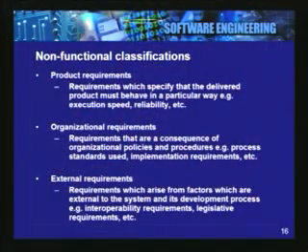And then there can be what are called external requirements, which are requirements that arise from factors that are completely external to the system and the process that was actually used to produce the system itself. So one of the examples could be that this software application that is being built has to work under any J2EE compliant web server.